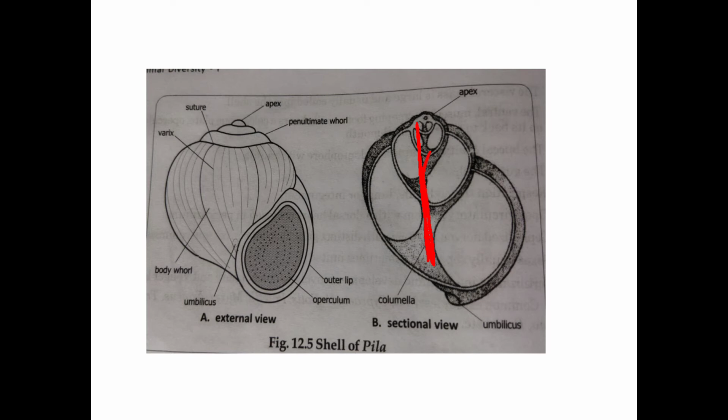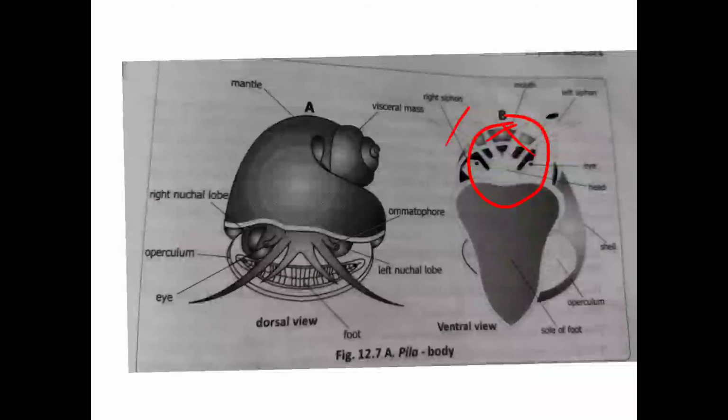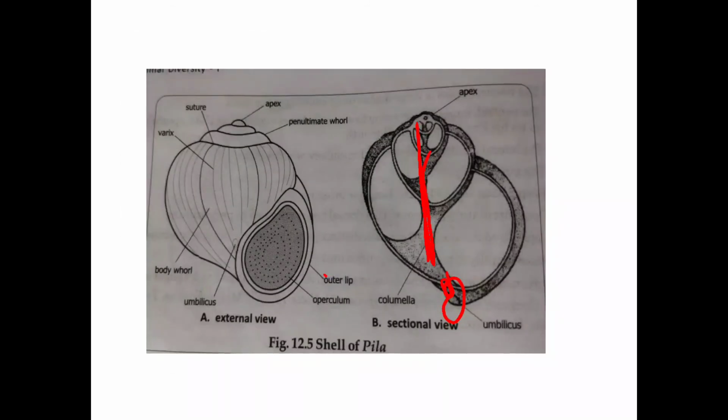The opening of the axis is a small opening called the umbilicus. The axis is hollow, and a shell with such an opening is called a perforated shell. You can see there are many coilings in the shell, and this coiling is called whorls.